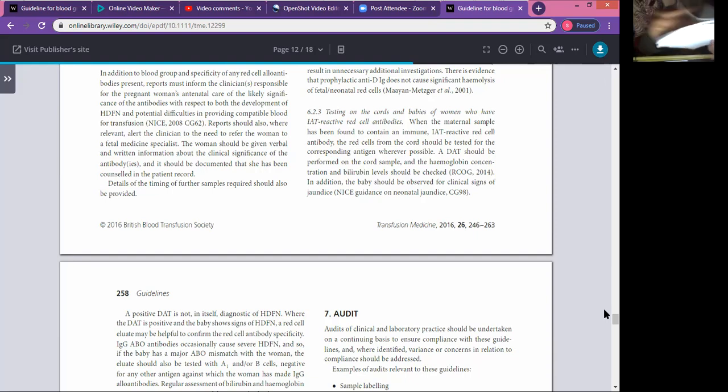And for other antibodies, we do not need to go about routinely monitoring them unless of course there is a history of a previous child with HDFN.